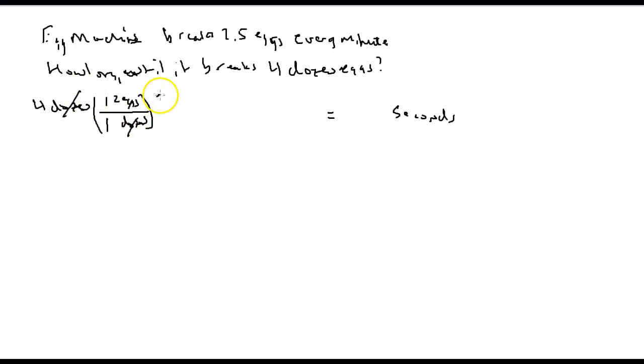Now I'm in eggs. And then use that one up there, 2.5 eggs. I have to put eggs in the bottom because I want it to cancel out. Is 1 minute. And then 1 minute is equal to 60 seconds.